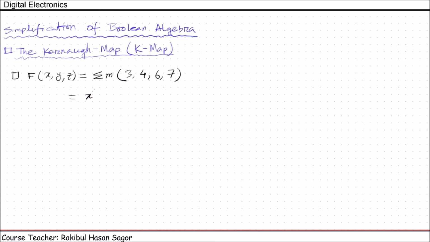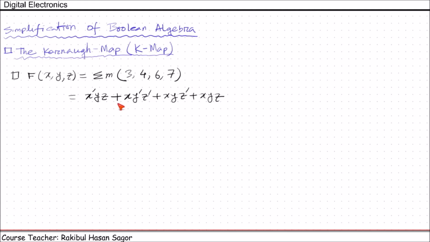So we'll say x prime y z plus. What does 4 mean? 4 means 1, 0, 0. So x y prime z prime. What does 6 mean? 6 means 1, 1, 0. So x y z prime plus 7. What does 7 mean? 1, 1, 1, x y z.